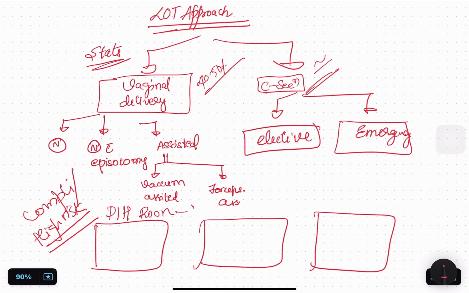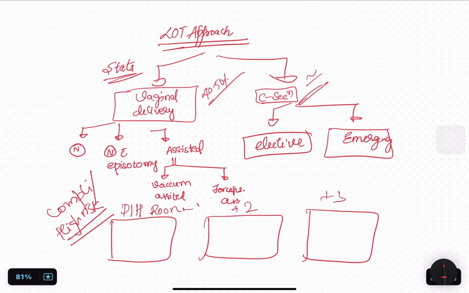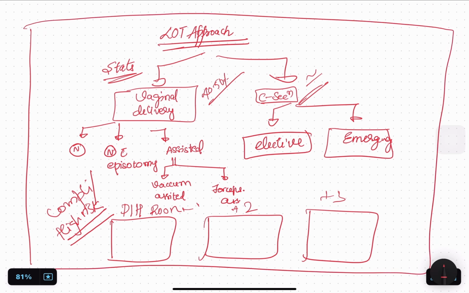There you can have specific drugs or other instruments that help the delivery go smoother. This is what you should know before going to your labor room postings. If you know this, then you know what you are seeing.